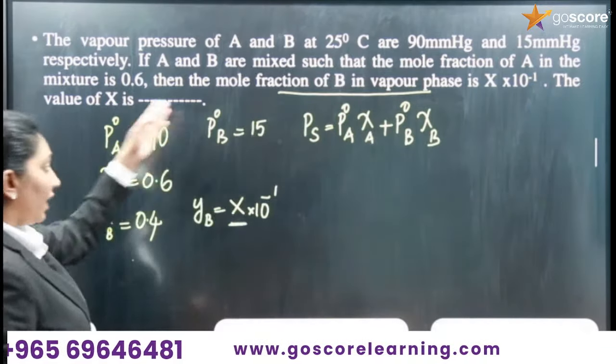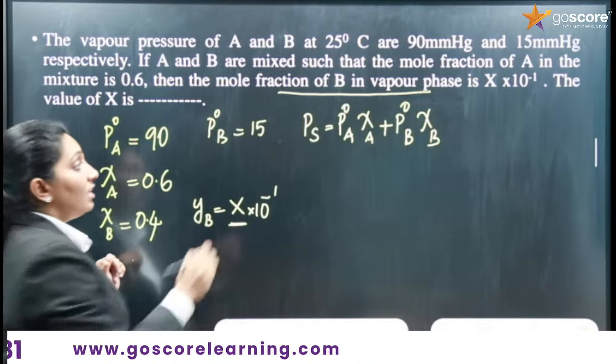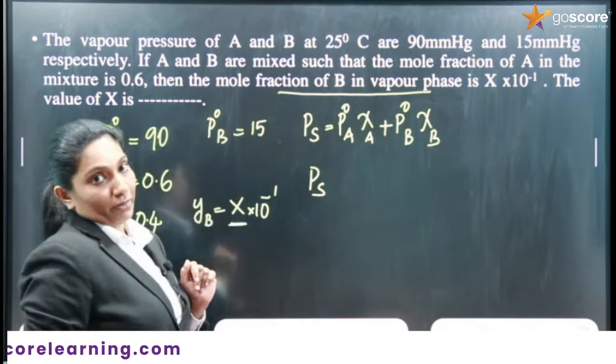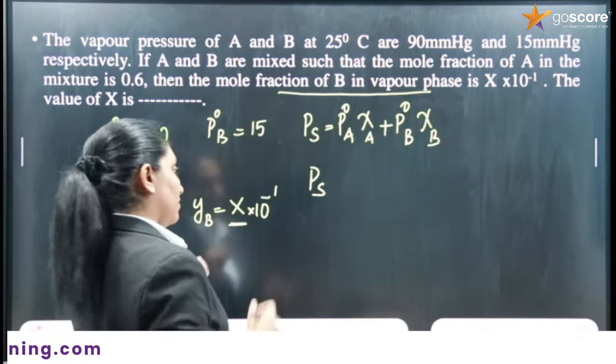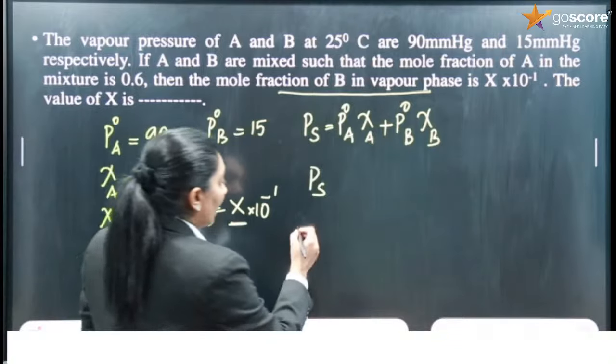Here P naught A, P naught B, chi A and chi B values are given. So by simply substituting, you will get the total vapor pressure of the solution. Once you get this value, how will you find YB?